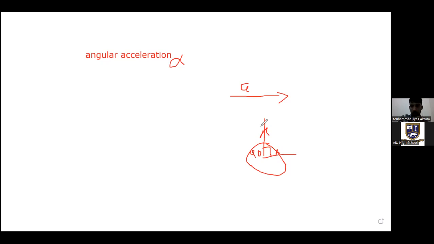The direction will be opposite if the velocity of the body is decreasing.